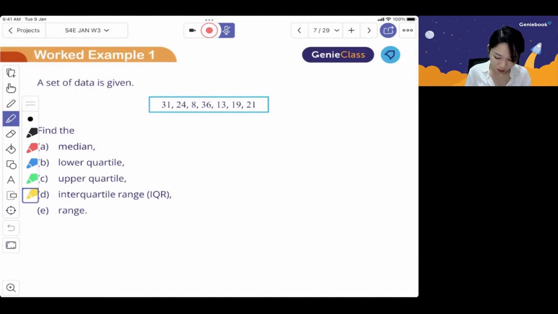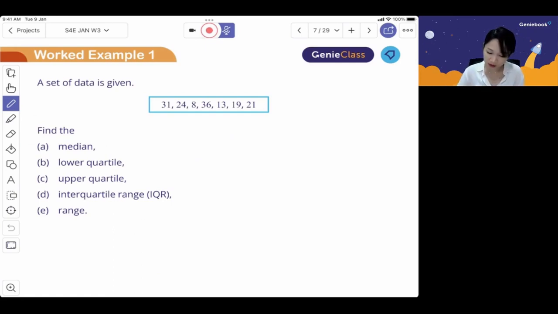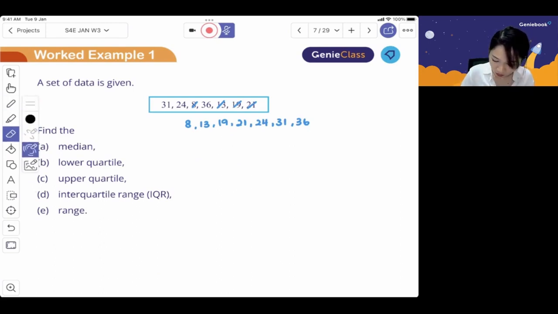Our first step will be to rearrange the numbers from lowest to highest, right? The smallest value here will be 8. Second value is 13: 8, 13, 19, 21, 24, 31, 36. So these are my rearranged set of values, and now I want to find the median.